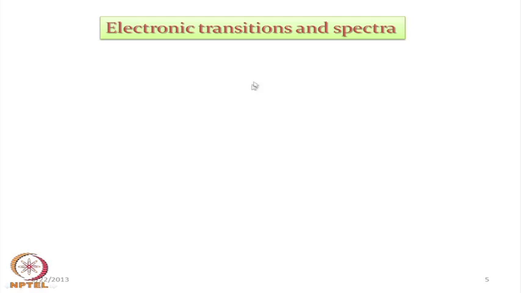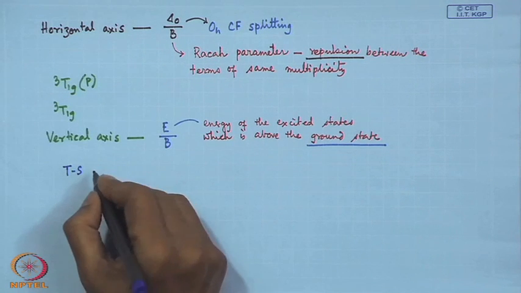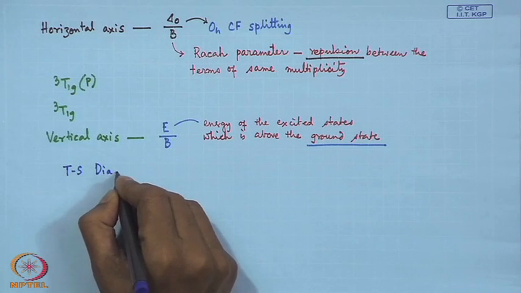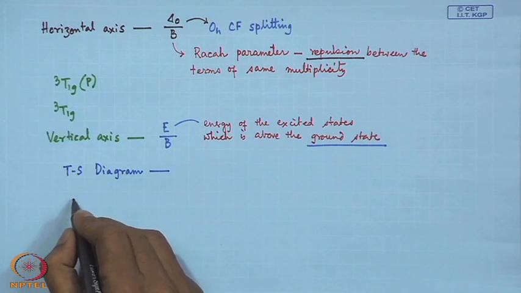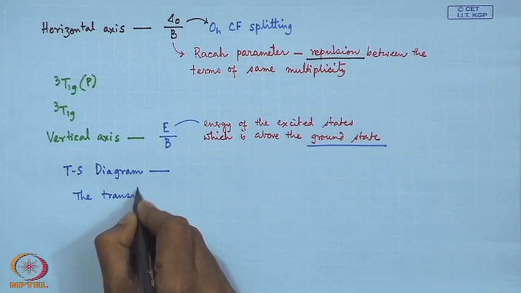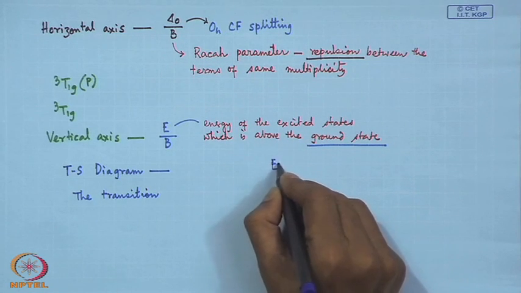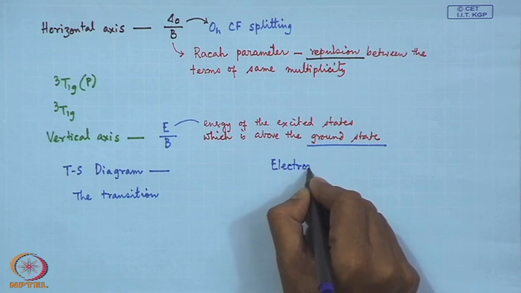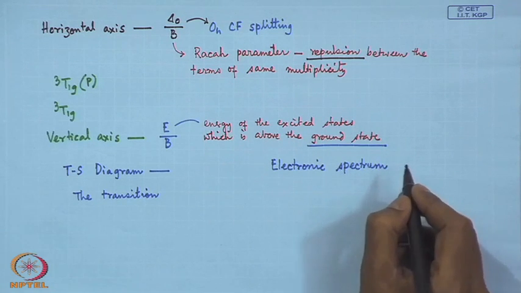So how can we find out? We have to measure the corresponding electronic transitions we have seen theoretically. So with this diagram we can nicely predict the transitions, and experimentally we are measuring the corresponding electronic spectrum.